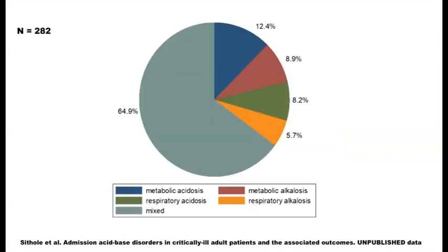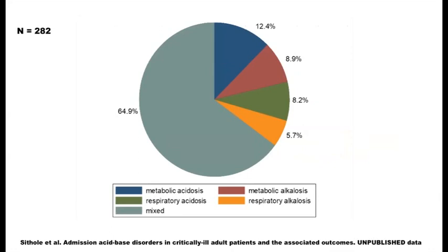We have recently conducted a study looking at acid-base disorders at admission into the ICU, and we wanted to know what is the association of the admission blood gas with outcomes in patients who are admitted to the ICU. So we looked at 1 year's blood gases in patients older than 18 years of age.